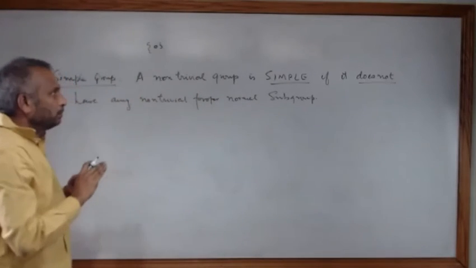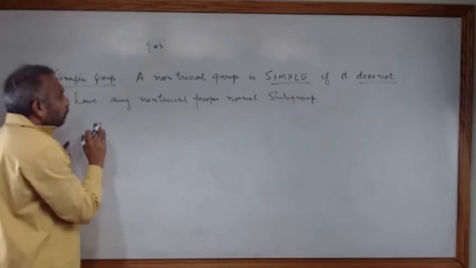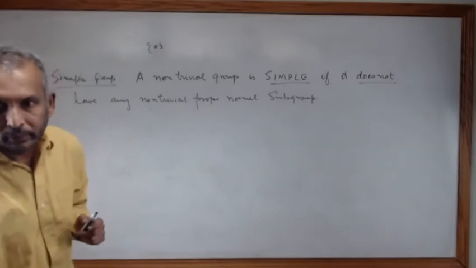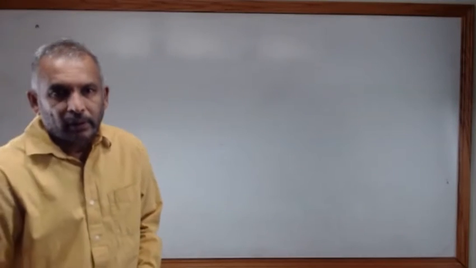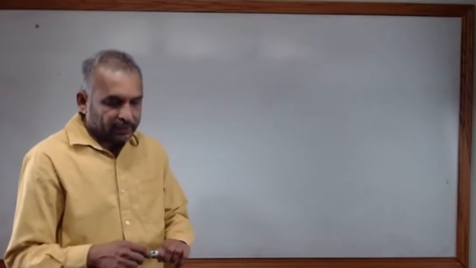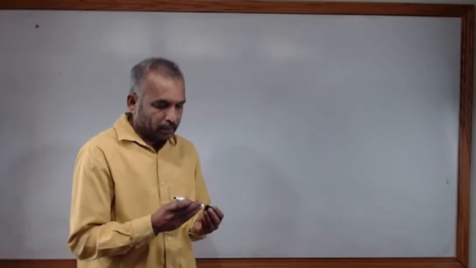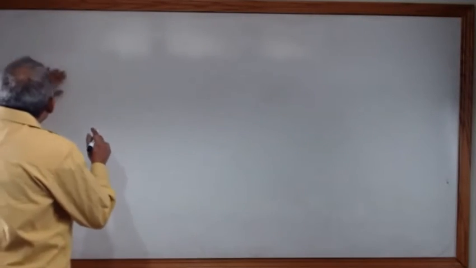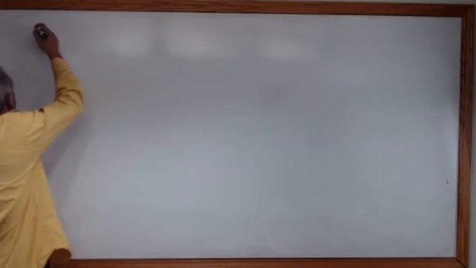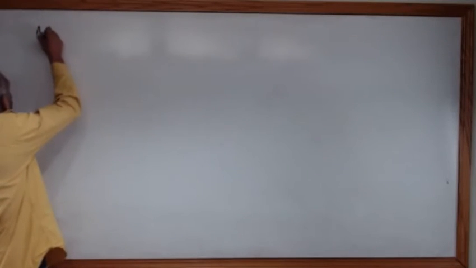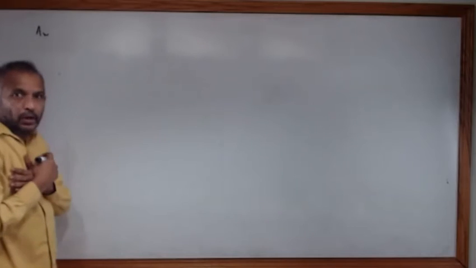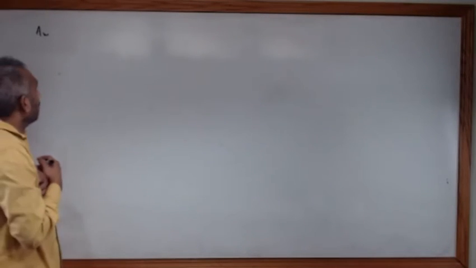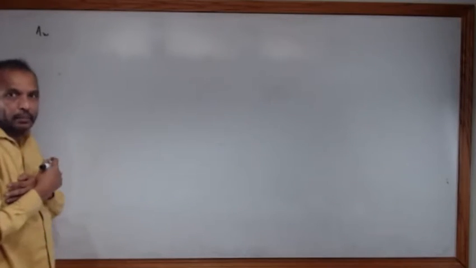So our next attempt is to find examples of simple groups. So let us see one example of a simple group. An is the alternating subgroup of the symmetric group with n elements.